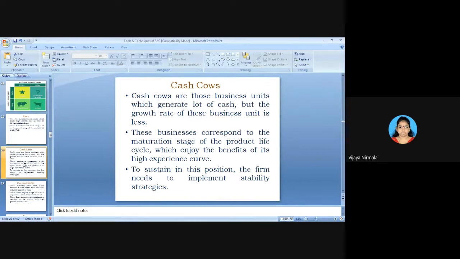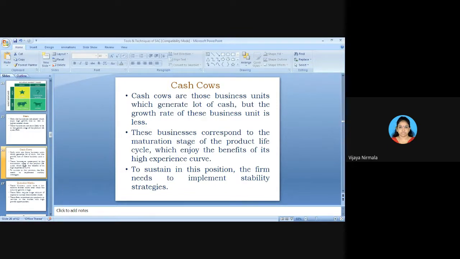For the people who use milk, do we go and get milk poured, or do we buy packets? Now we are all using packets only, right? So some people go there and get milk poured, the milk sellers. Are they getting more profits? Even though they get more profits, the growth rate is high or low for them? The growth rate is less, right?